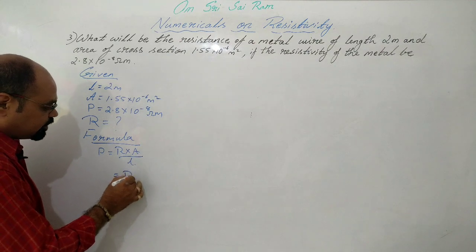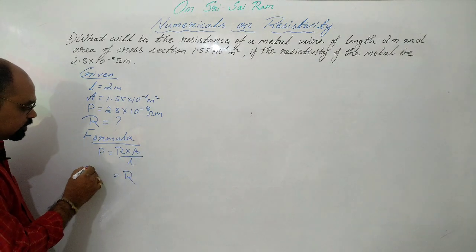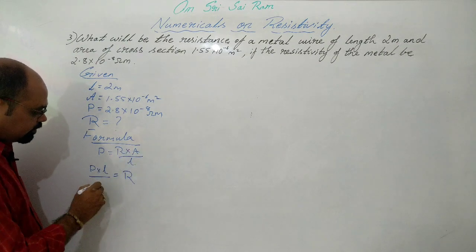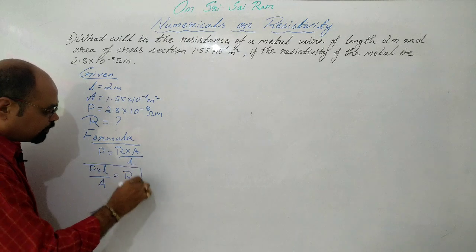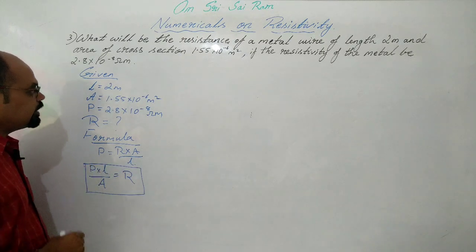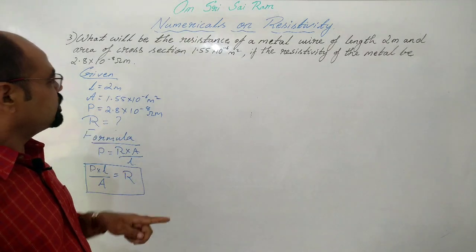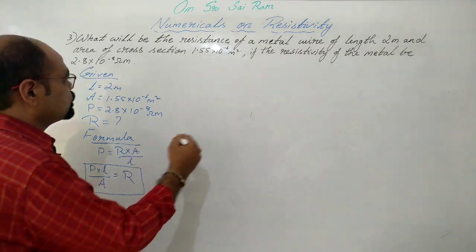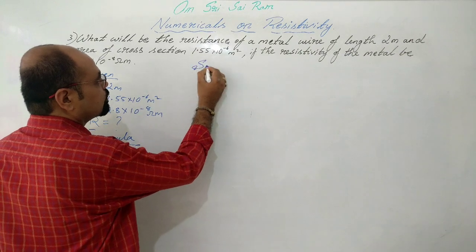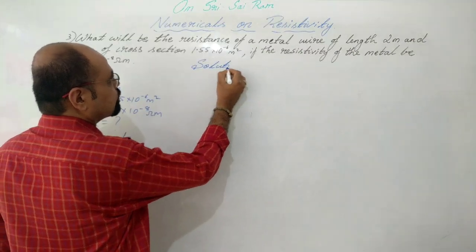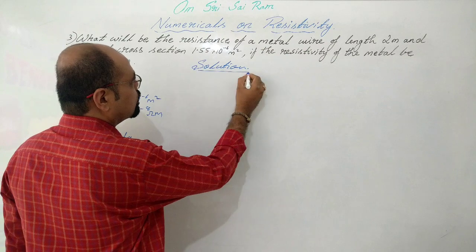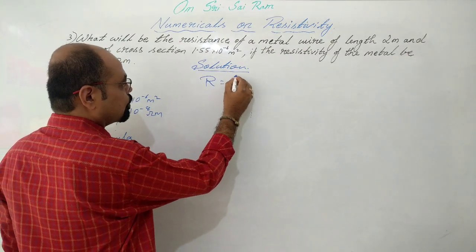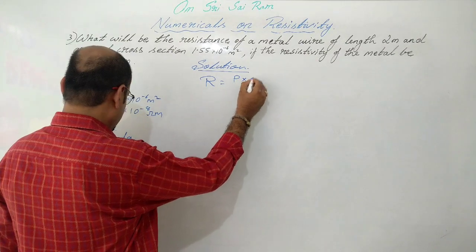Keeping the resistance here only, transpose the other things, we get rho into L by A. So this is the formula required to calculate the resistance of this particular given metal. Okay. Now solution. Let's write the formula. It is R is equal to rho into L by A.